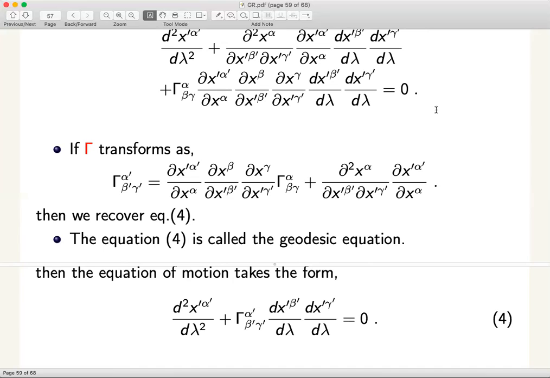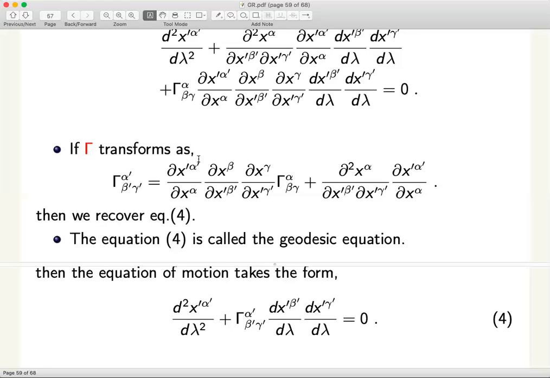And here is an expression which is the first time that we encounter an object which carries space-time indices, in this case alpha prime, beta prime, gamma prime, but under coordinate transformation it does not transform homogeneously. By homogeneous transformation I mean that gamma is related to gamma and nothing else. In this case the transformation is not like that. Here gamma is related to some partial derivatives times gamma. The number of partial derivatives is exactly the number of indices it has, and the index structure on the partial derivative is exactly the way the indices are sitting.